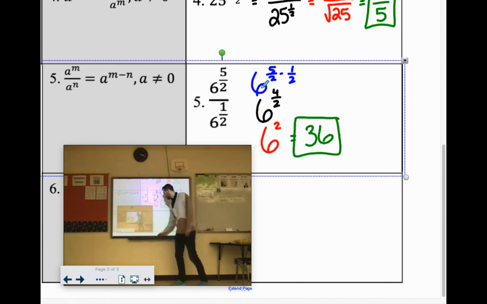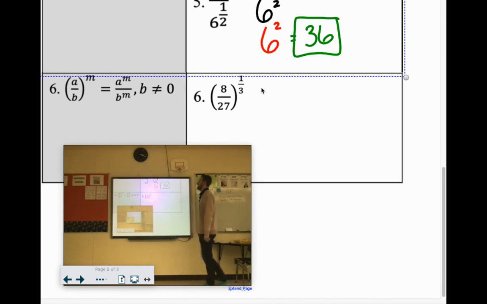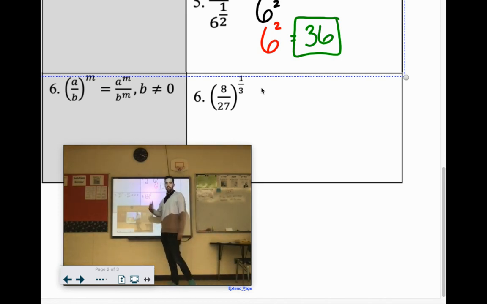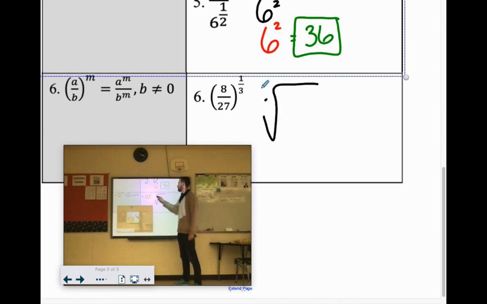We have one more property. Oh, it's a combination of raising a fraction to the power. You give it to everything. So you could say it's 8 to the 1/3 power and 27 to the 1/3 power. But let's think about those fractional exponents again. The denominator is the number that goes here.